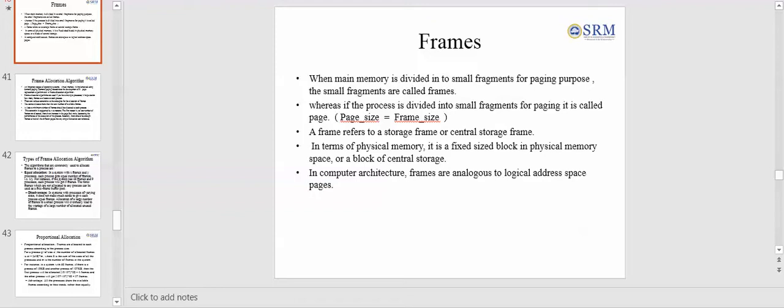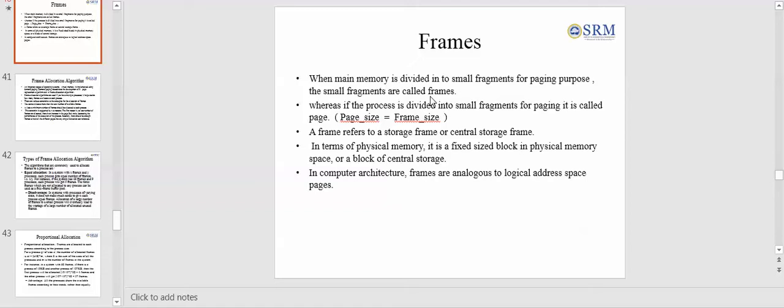Now for a process to execute, the pages of a particular process have to be brought inside the main memory. What is the role of frames here? When main memory is divided into small fragments for paging purposes, the small fragments are called frames.